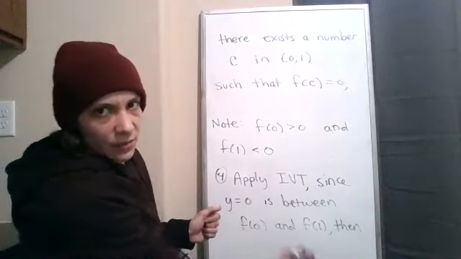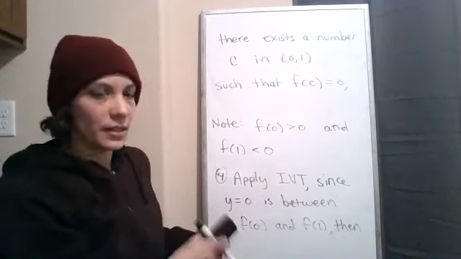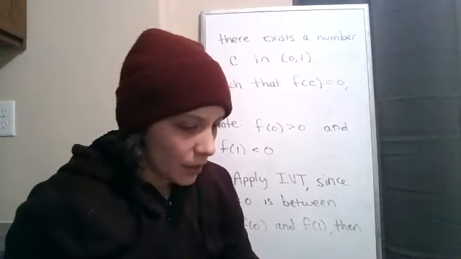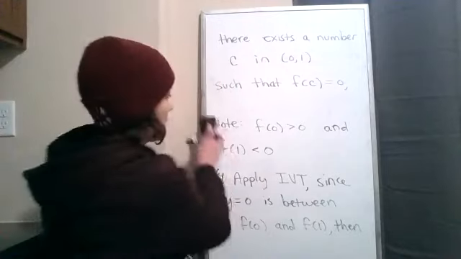In other words, f has at least one real root. Thus cosine of x equal to x has at least one real root on 0, 1.